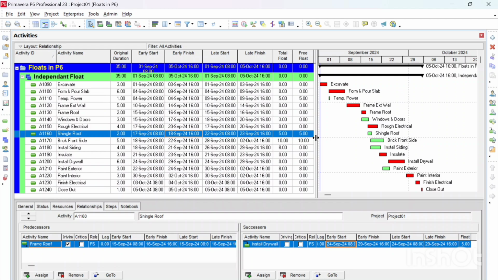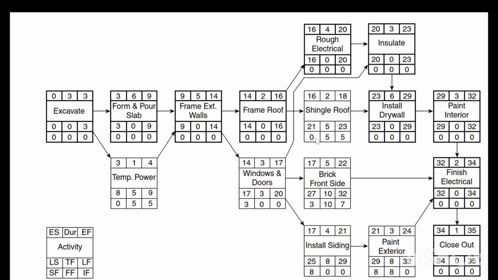Let's talk about something called shared float. To talk about shared float, I will introduce you to this same activity on nodes. It's the same as the activity list we have seen earlier, but just here it will be more clear. So once we see here, we see the critical path.